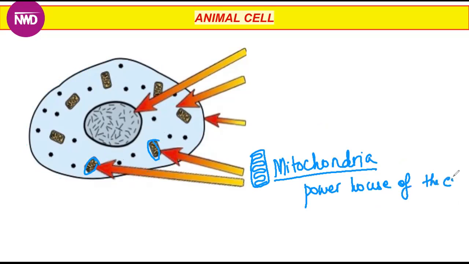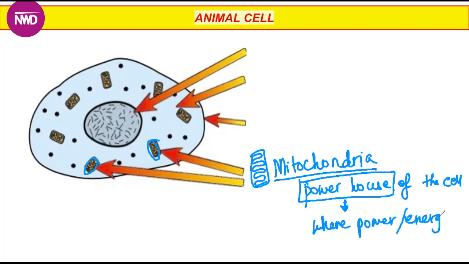Why is it called the powerhouse of the cell? Because it is the place where power or energy for the cell is generated. That's why it is known as the powerhouse of the cell.